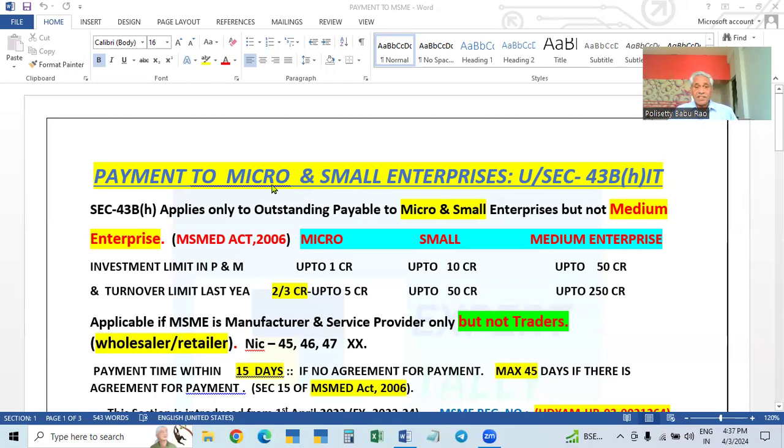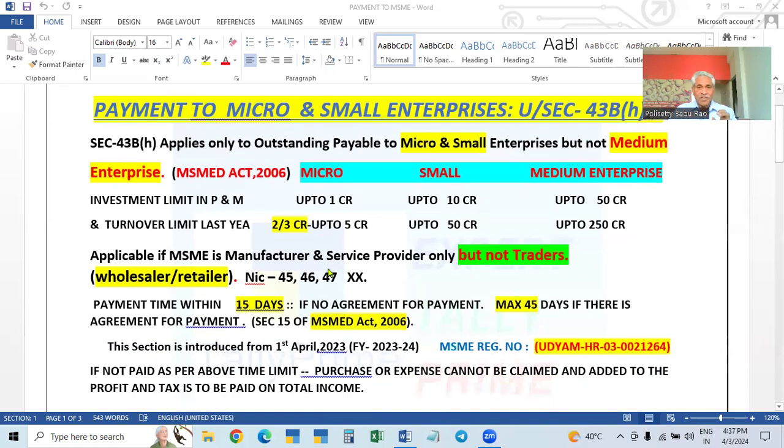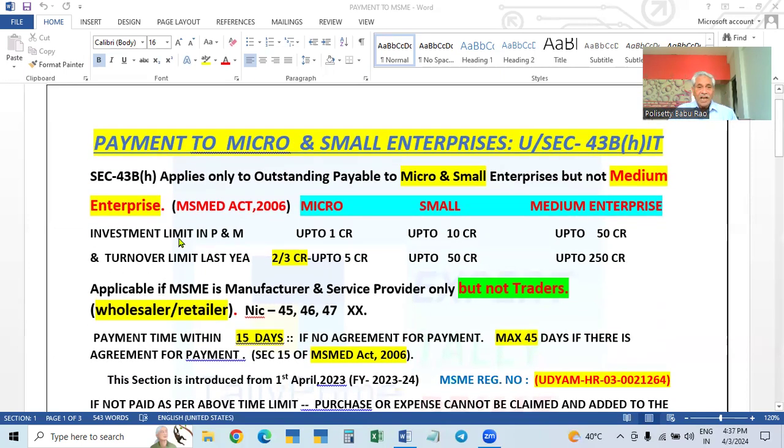What is the meaning of micro, small and medium enterprises? The definition is under the MSME Act 2006. In these three cases, two limits are given.